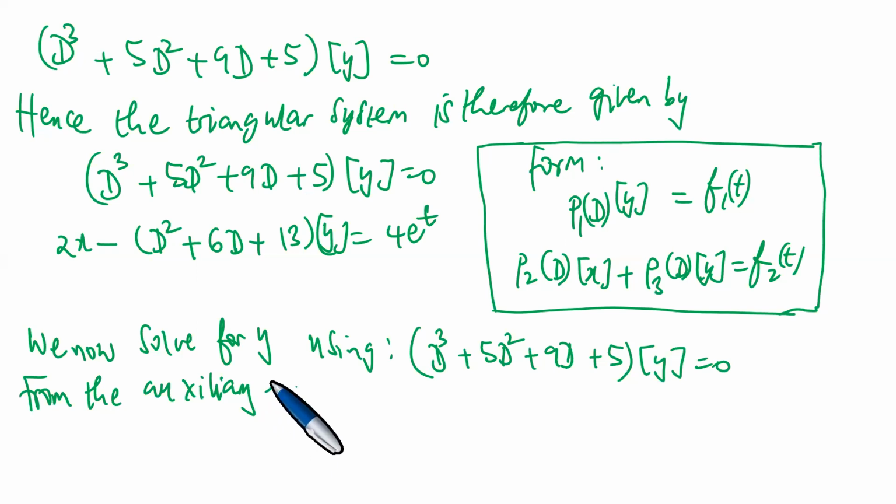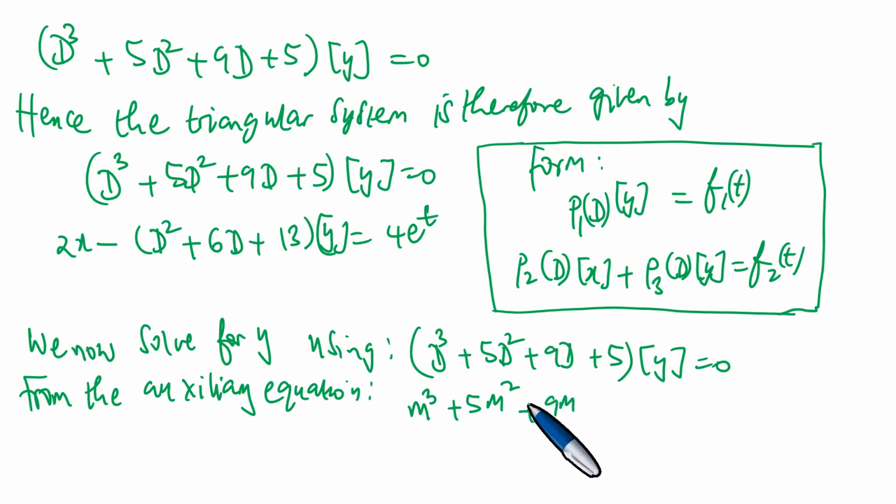From the auxiliary equation, which is m cubed plus 5m squared plus 9m plus 5 equals 0.